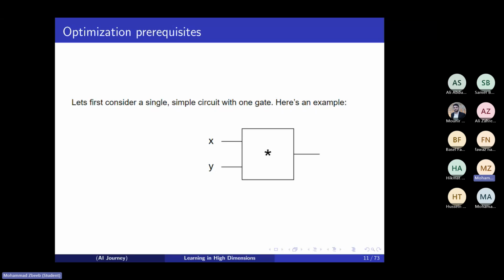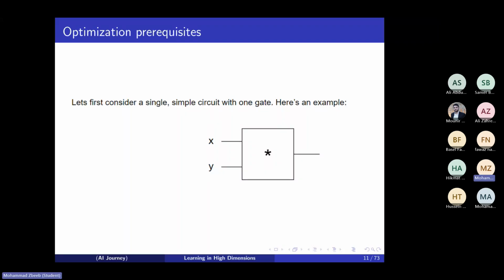The mathematical definition of the derivative, assuming f is your function and x is your input, is f of x plus a minus f of x, over a, where a is epsilon. It measures how the function responds to small changes in the input. Basically, differentiating the function with respect to the variable gives you the direction of the steepest increase.